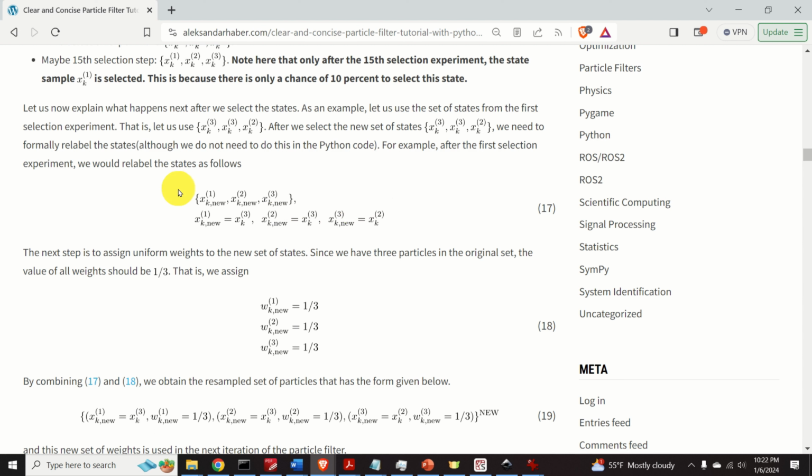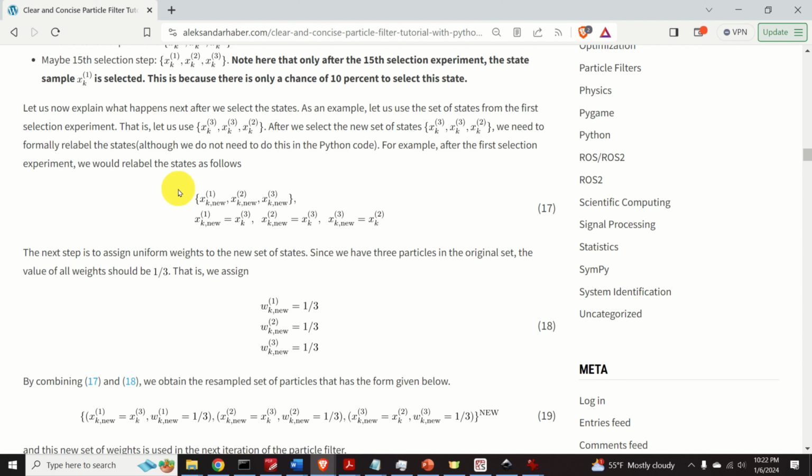This function might produce the output that looks like this. Since the particle with the number 1 has the largest weight, that is equal to 0.4, there is a 40% chance that this function will select this particle. So the output can look like this: 1, 1.